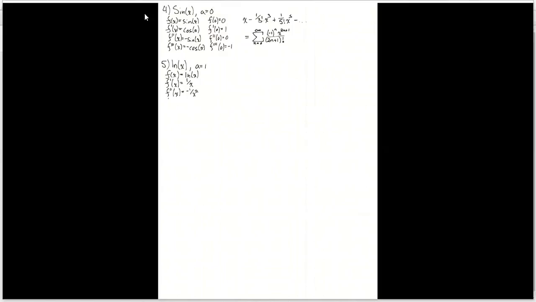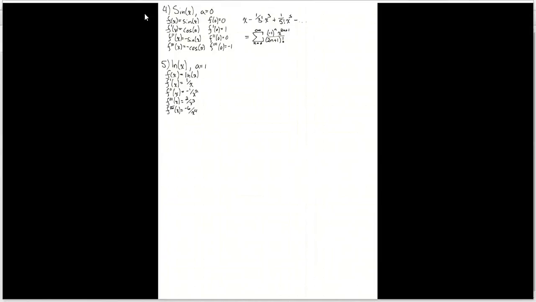Then we've got f triple prime, and that's 2 over x to the third. And let's just do one more. We have the fourth derivative as -6 over x to the 4th.